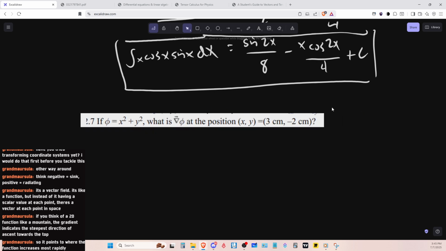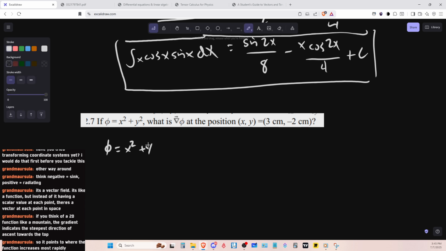Okay, so we are given this function. What is the gradient of this position? I just want to get more practice with it.